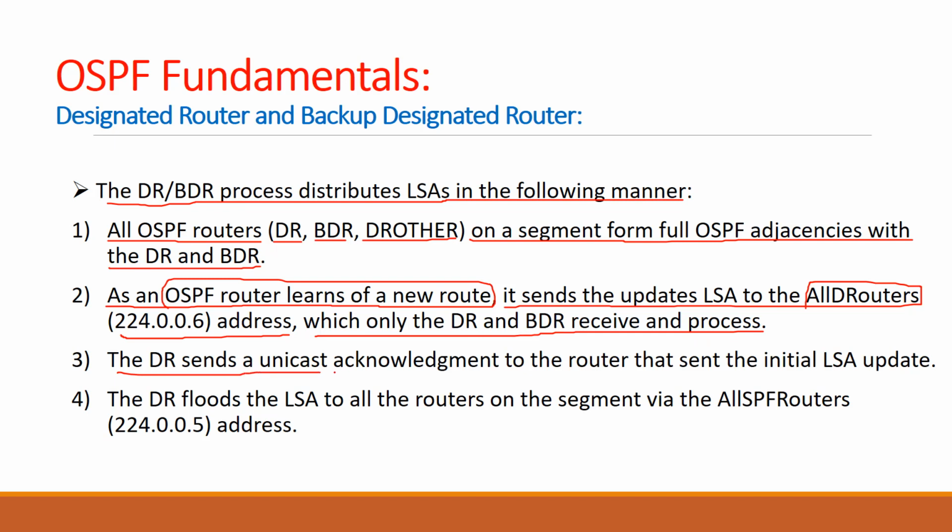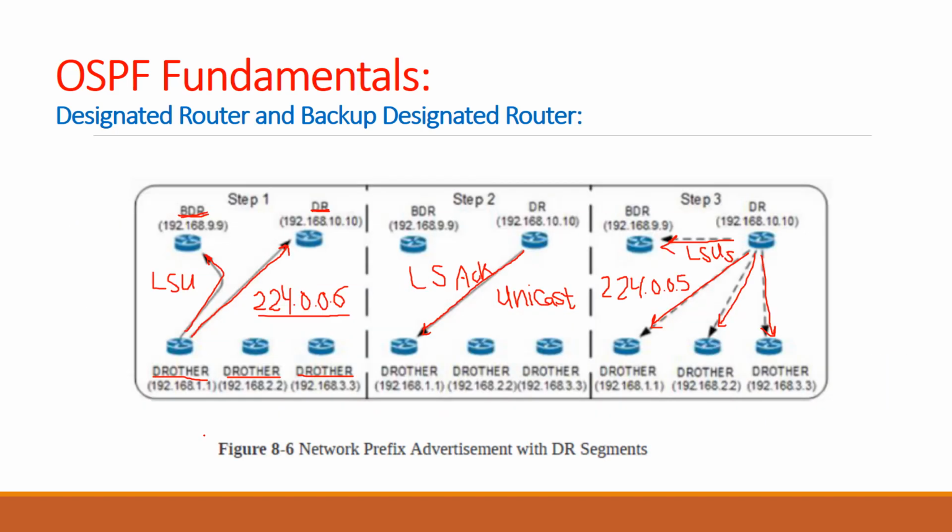The DR sends a unicast acknowledgement to the router that sent the initial link state update. Then the DR floods the link state advertisement to all the routers on the segment via the all shortest path first routers multicast address 224.0.0.5, as we mentioned in this slide.